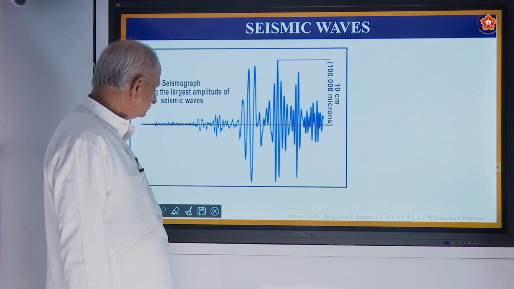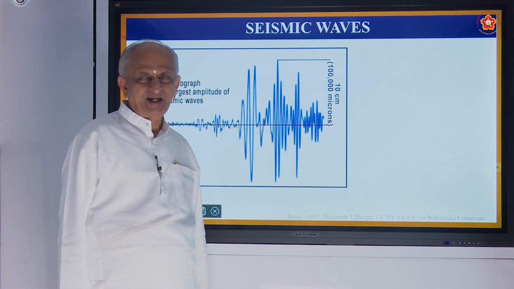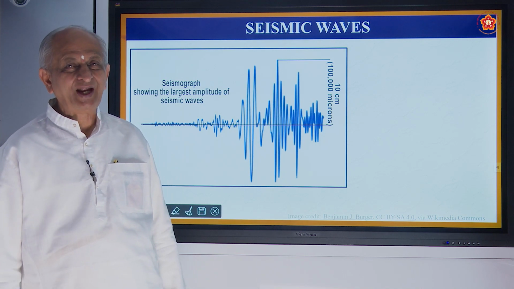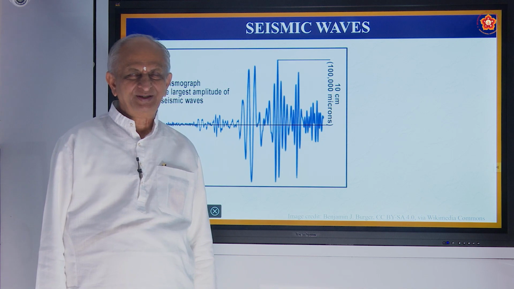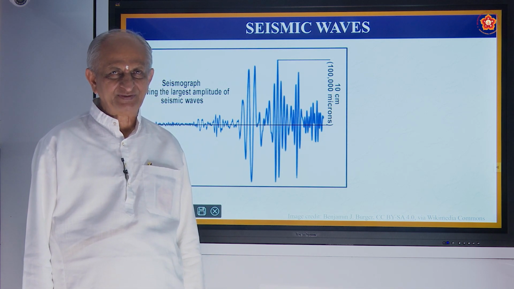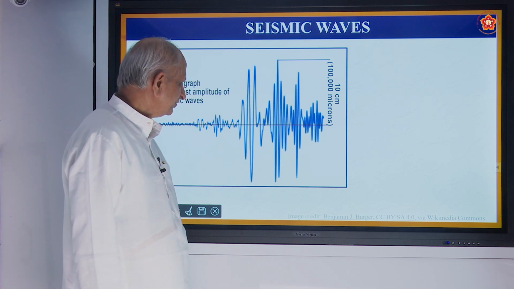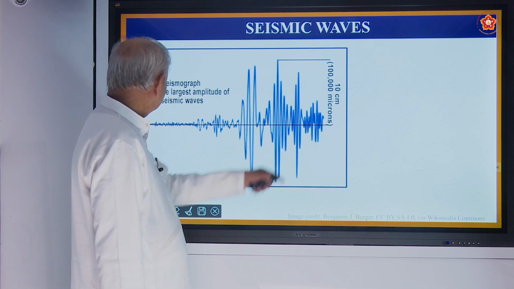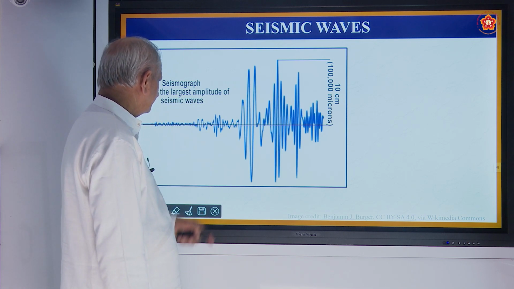And so these are the waves you get. And also you can prepare your own seismograph. The device that is used to measure the intensity of earthquakes is the seismograph. So this is one kind of graph here, showing the largest amplitudes of seismic waves.